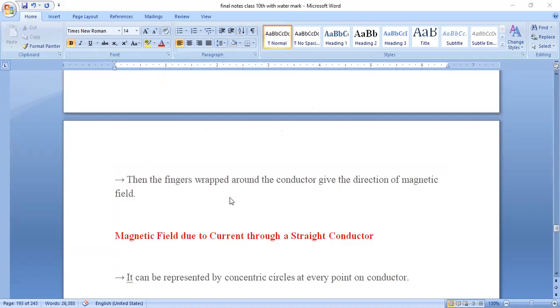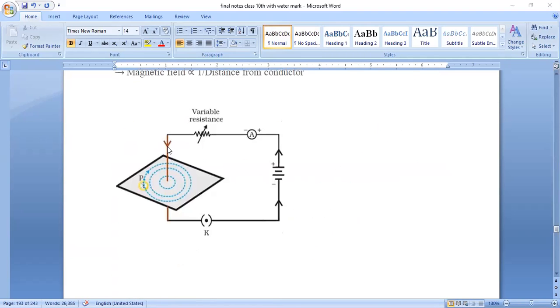Same law. See here. This is the direction of the current. Then how will the direction of the field be? Fingers will be in this fashion. Okay, so this is the direction of the field. So we found the direction of current. If the direction of current is downwards, then the circles will be in this fashion.